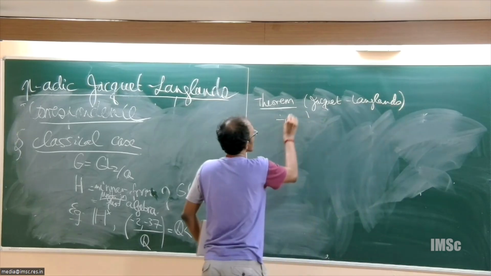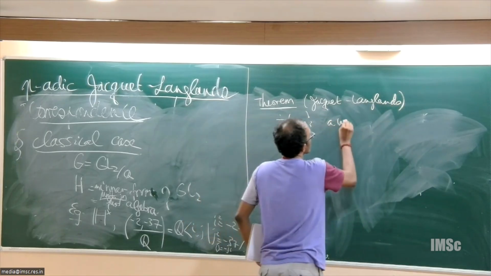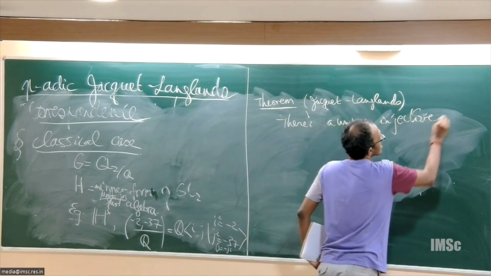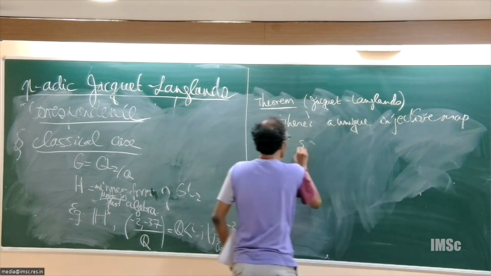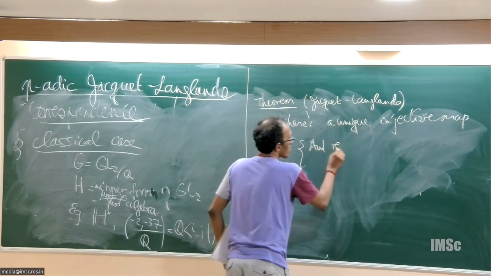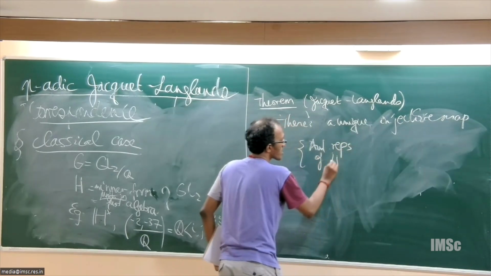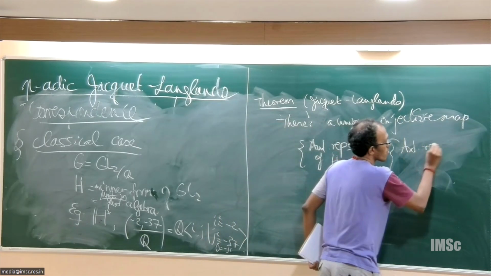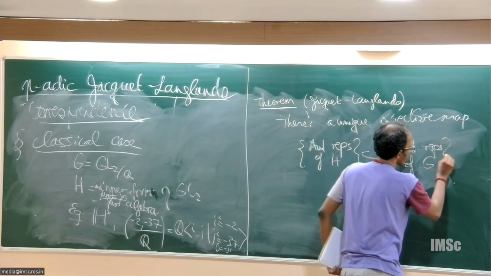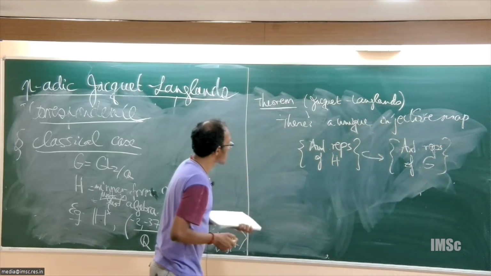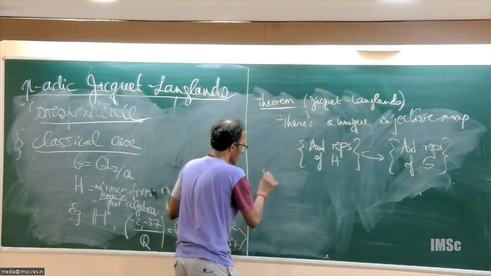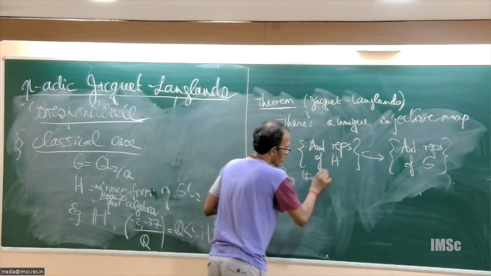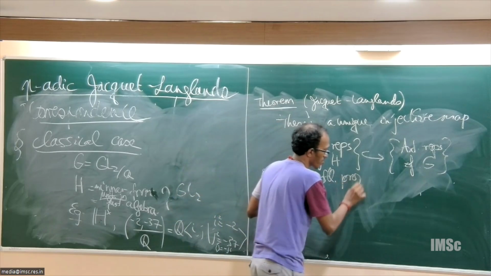There's a unique injective map from automorphic representations of H into automorphic representations of G, satisfying the following properties.